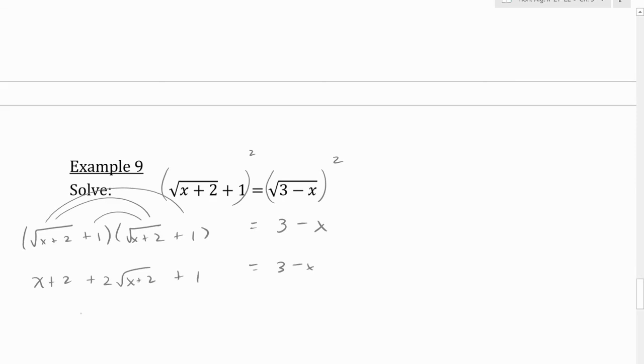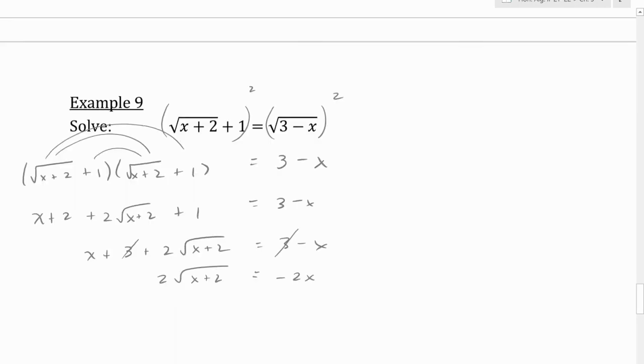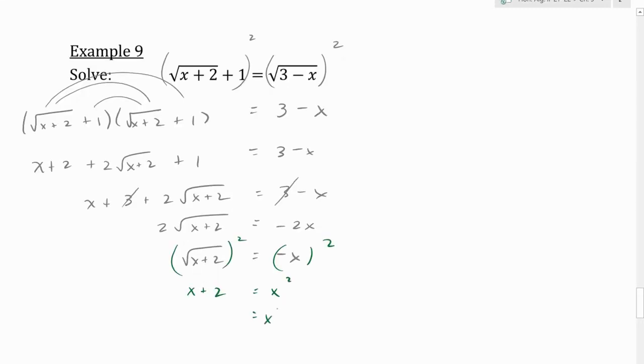All right, so over here we've got an x plus 3 plus this. Ooh, if I subtract 3 from both sides, that's just gone. And then if I subtract x from both sides, I could divide both sides by 2 if I wanted to. And then I could square both sides again, which will get me x squared minus x minus 2 is 0.